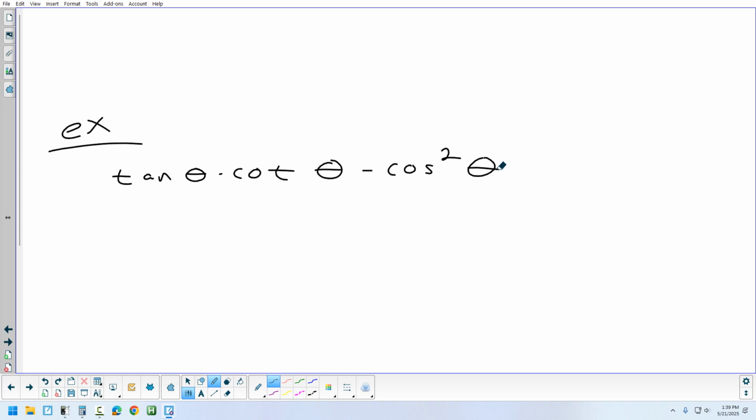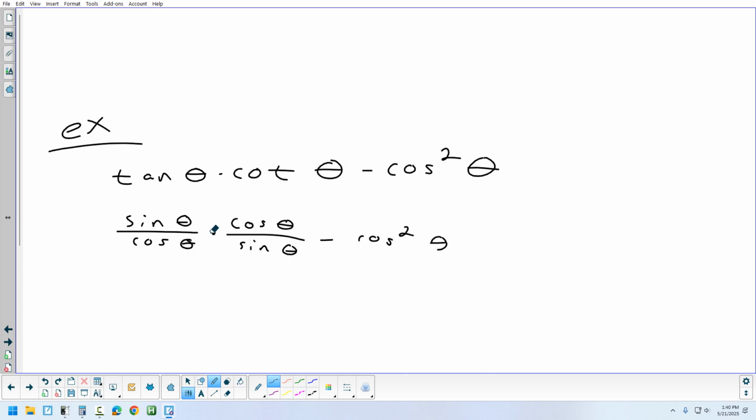What should we do in that one? Well, tangent is sine over cosine. Cotangent is cosine over sine. And that's all I would do for now. I'd leave the cosine squared where it is. Then those cancel out because it's multiplication.